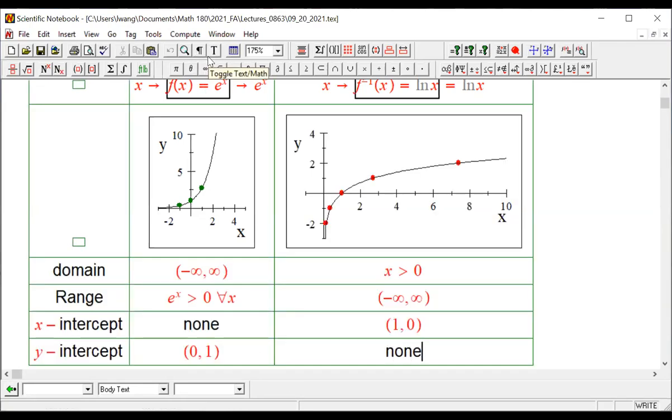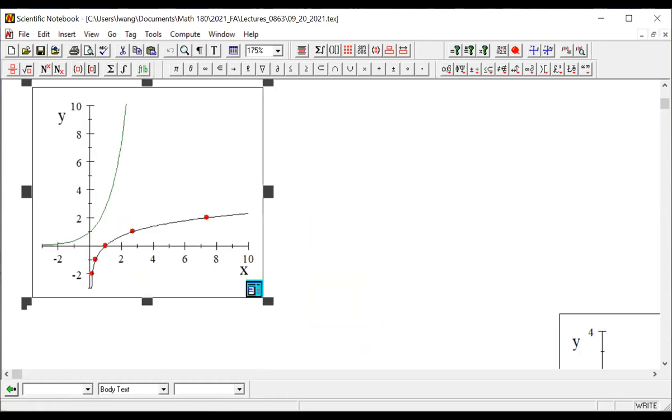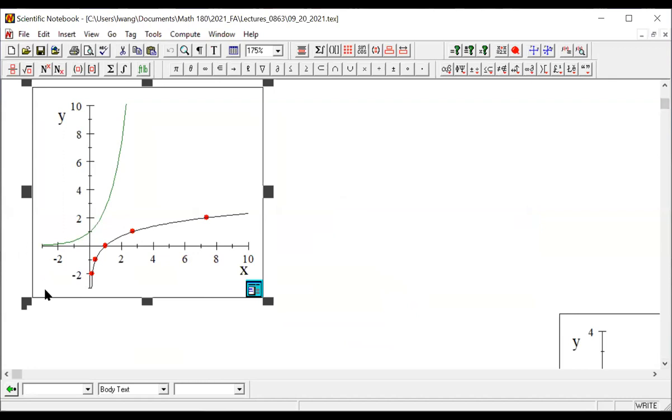Okay, none. Now, I want to give you guys some perks that you need in calculus class. When we put these graphs together, what do we see? One is a reflection of the other, right? Over something.